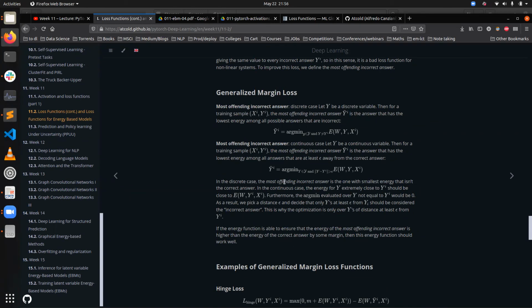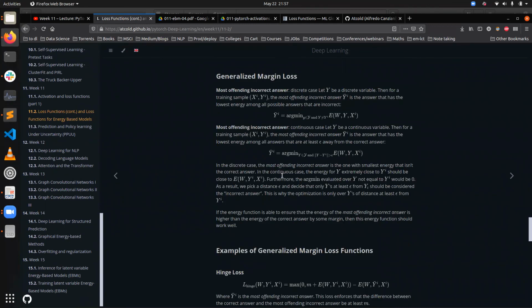In the discrete case, the most offending incorrect answer is the one with the smallest energy that is not the correct answer. In the continuous case, the energy for y extremely close to yi should be close to E. For something really close to the data point, the energy would still be low. We don't want to push that up, so we pick something at a distance epsilon away from the actual data point.